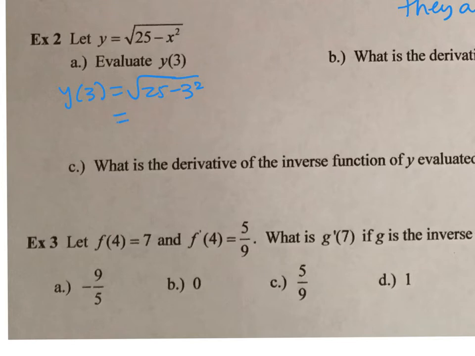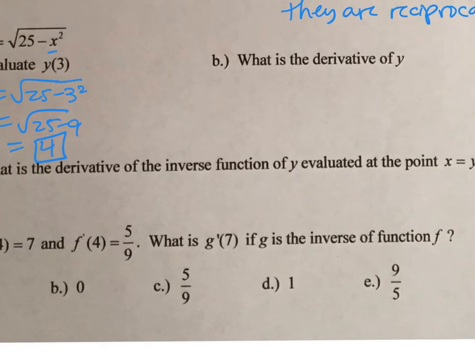So that would be equal to the square root of 25 minus 9, which is 16. And the square root of 16 is 4. So that means when x is 3 in our original function, the y value is 4. The next thing we're going to do is find the derivative of y.